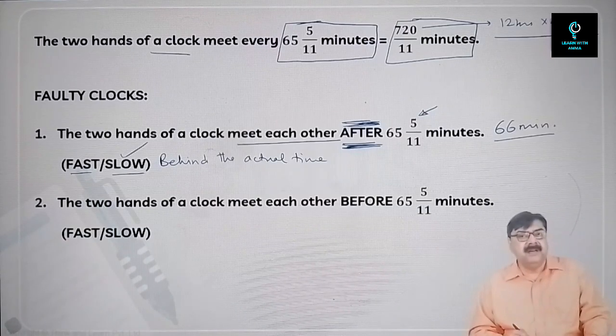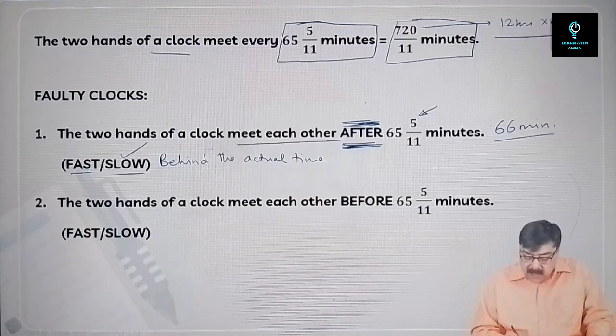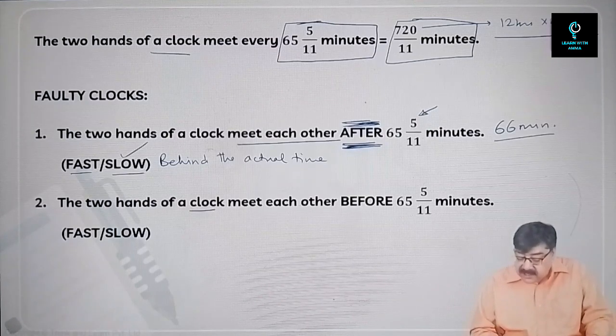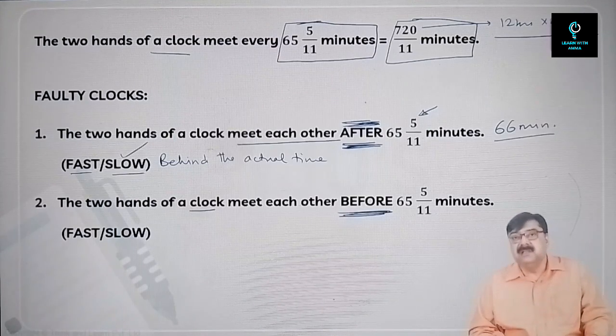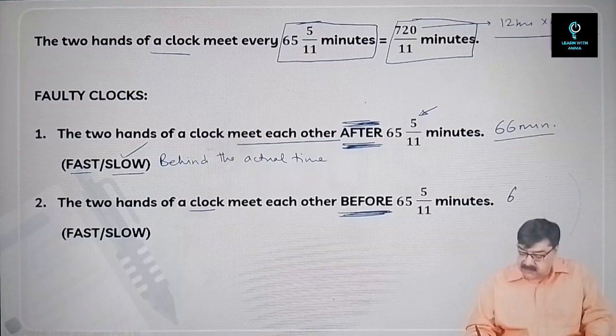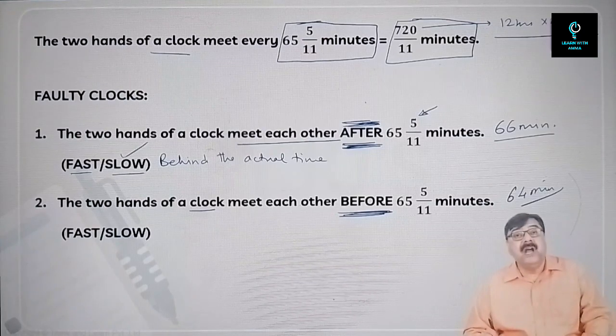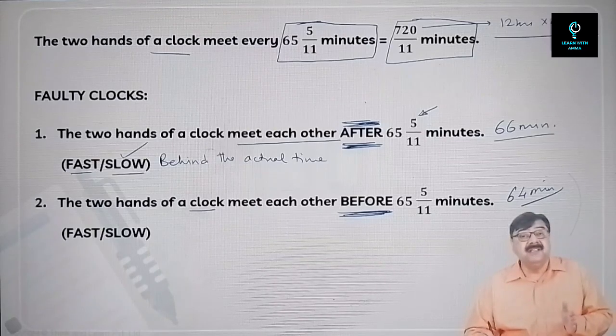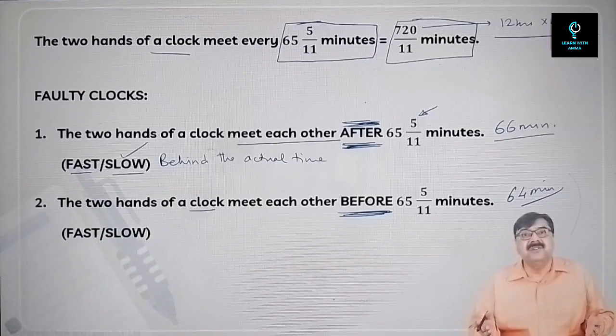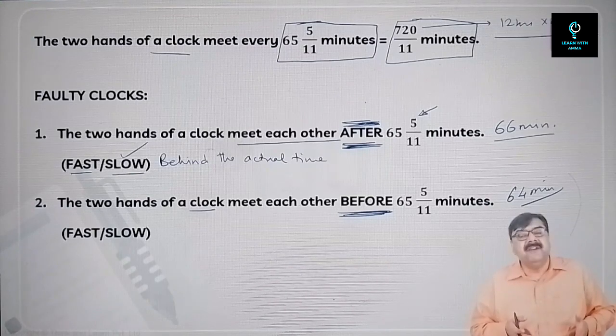Let's take up another faulty clock. The two hands of a faulty clock meet each other before 65 5/11 minutes. Let us say 64 minutes. So the two hands of the clock were supposed to meet each other, or coincide, every 65 5/11 minutes. But in this clock, the two hands coincided after 64 minutes. That is much before 65 5/11.